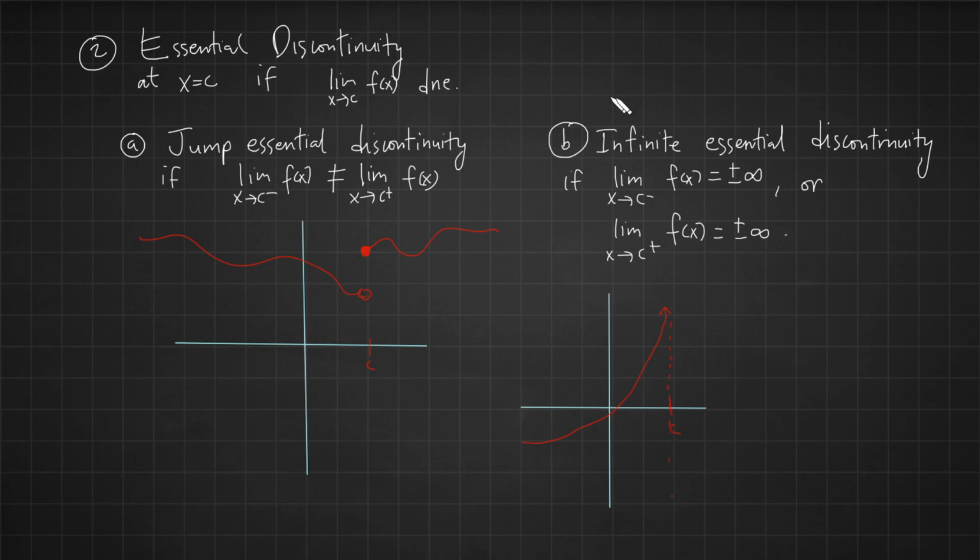Just to show na meron ng infinite essential discontinuity at x equals c. So kung meron na tayong asymptote established here on the left side, pwedeng yung limit from the right is just a constant, yan. Or pwede ring asymptote.